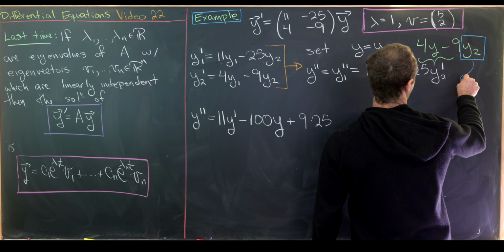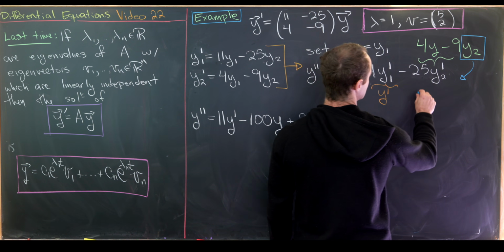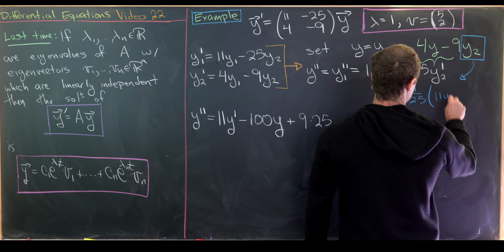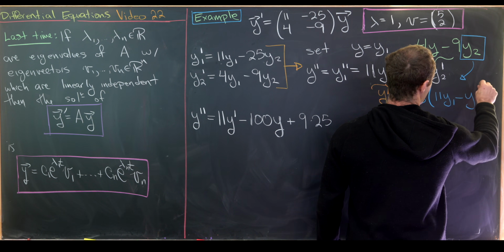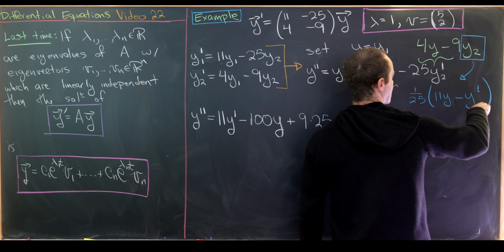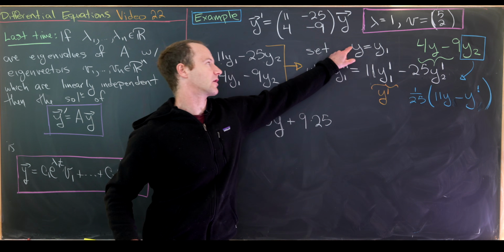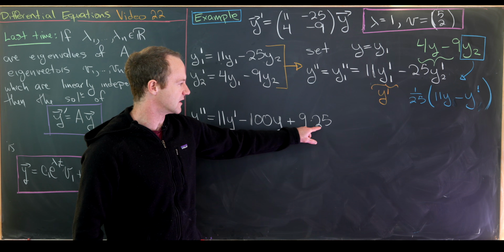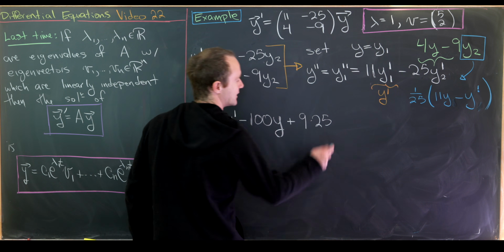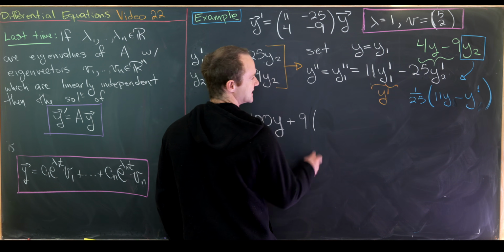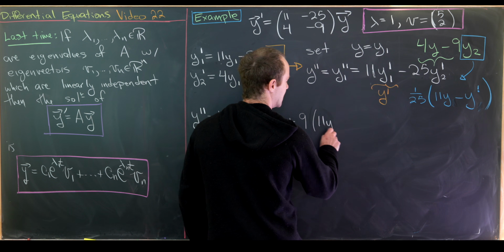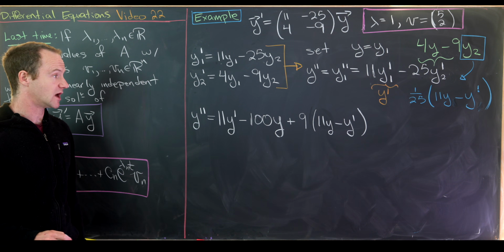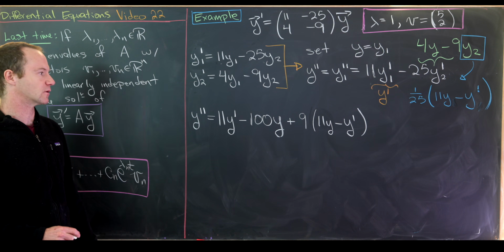So notice that this y2 is in fact equal to 1 over 25 times 11y1 minus y1 prime, but we might as well rub out those ones given our setup right here. So since the 25 here is built in, it'll cancel the 25 that we have over here, and we might as well write this as 9 times 11y minus y prime. And now we've got an honest to goodness second order differential equation for y.